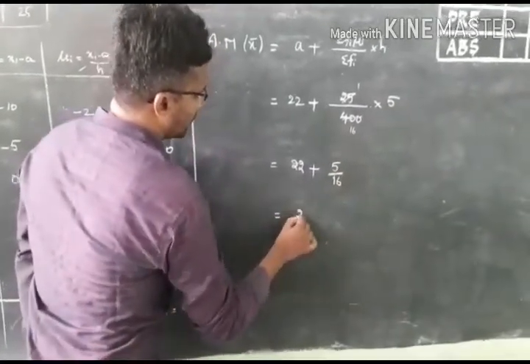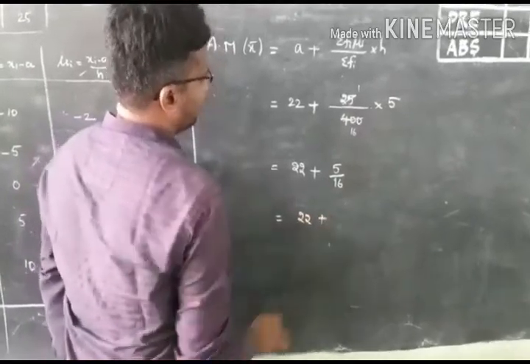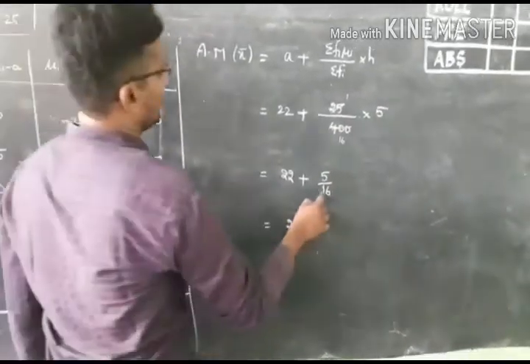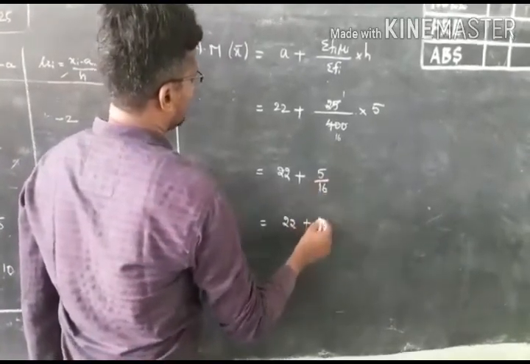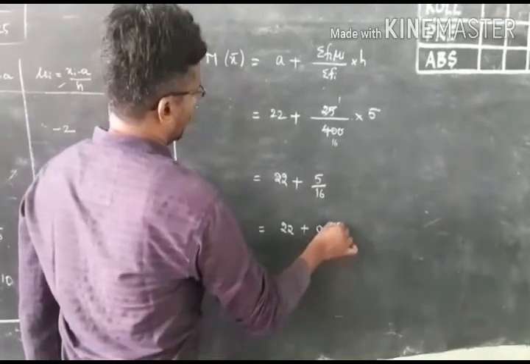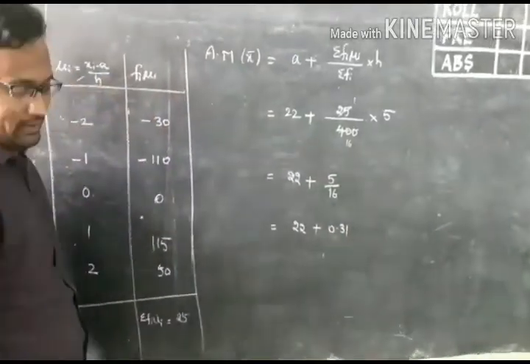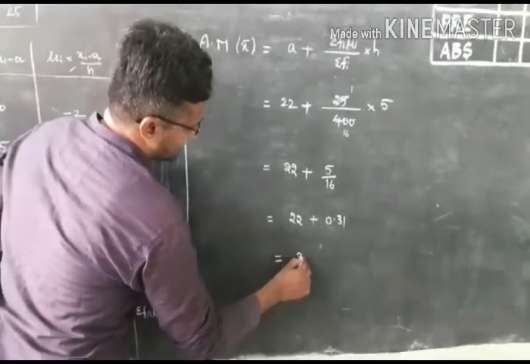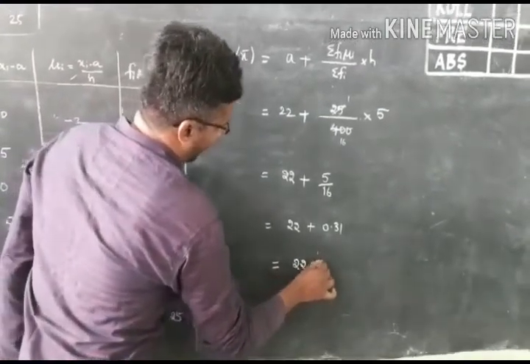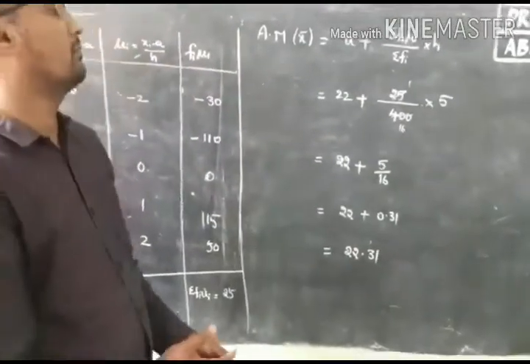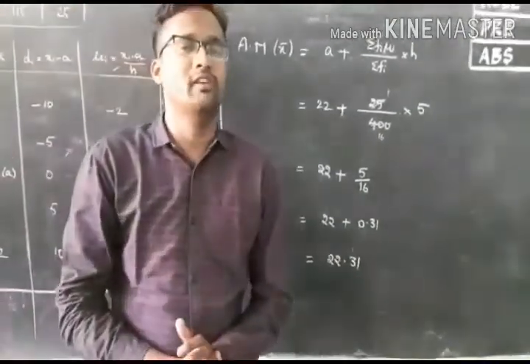So 22 plus 5 by 16. If you do the division by 16, you will get 0.3125, roughly 0.31, so this is 22.31. This is the arithmetic mean by the step deviation method.